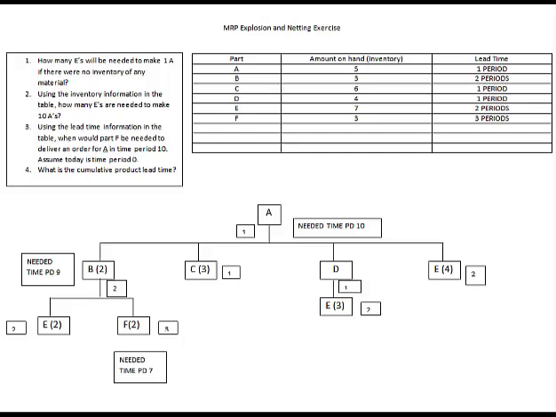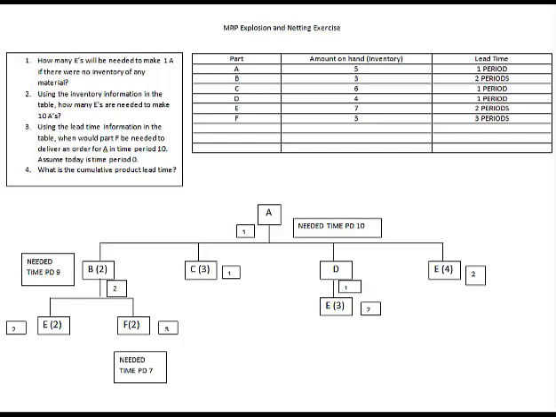So what I've done is I've added to the bill of material diagram, in the small boxes just to the side of the letters, what the lead time is. And I'm getting this information from the right-hand column up at the top. So we can see that it takes 1 time period, the lead time, to take the B's and the D's and the E's and convert them into A's.